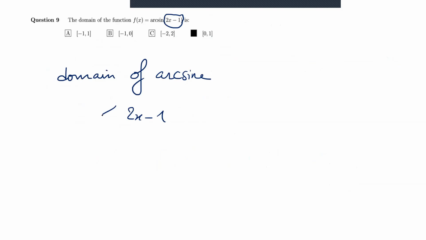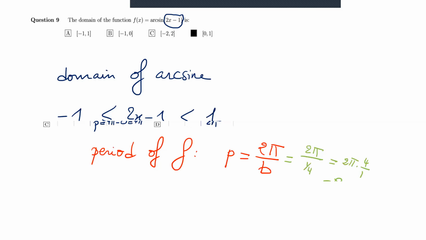the domain of the inverse trigonometric function, arcsine. What is the domain of arcsine? Arcsine is defined when the argument, here 2x minus 1, is between minus 1 and 1. So this is a linear inequality.